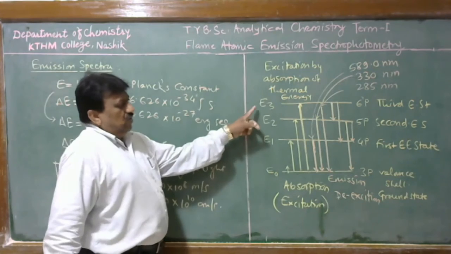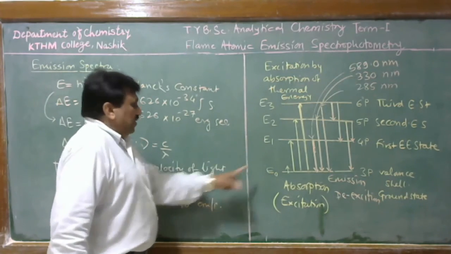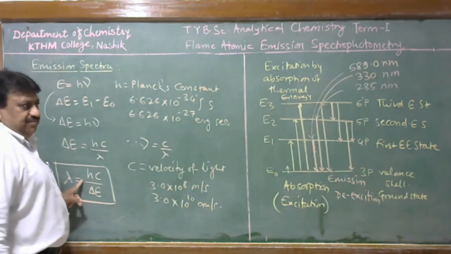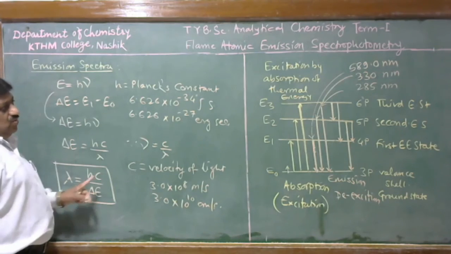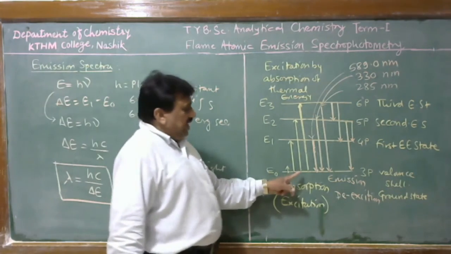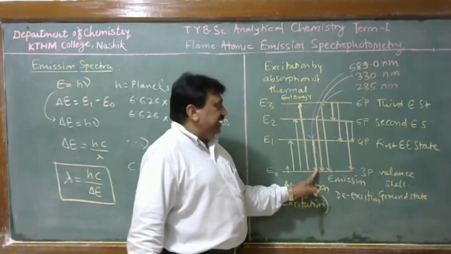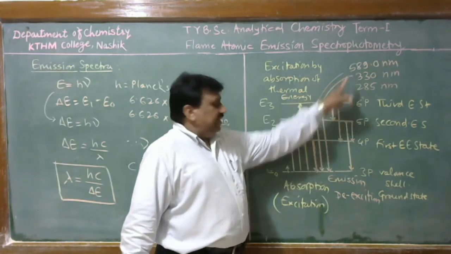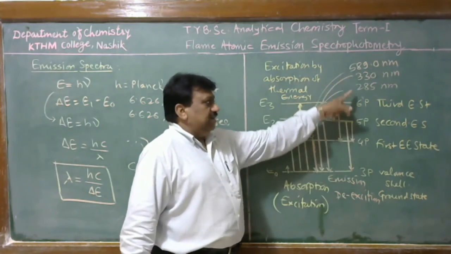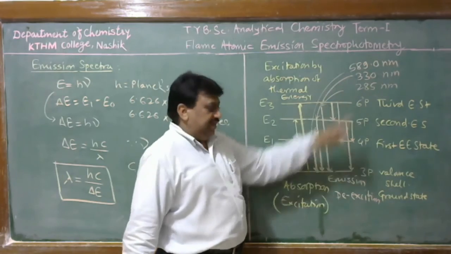Now here, with this emission spectra, we derive this equation. And for the sodium atom, we have three prominent emission lines: 589 nanometer, 330 nanometer, 285 nanometer.